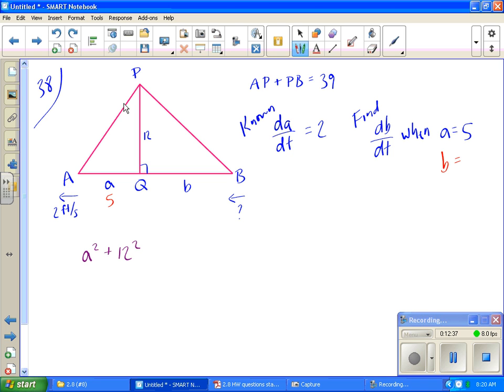And so this length is the square root of that, isn't it? And this one over here would be what? The square root of b squared plus 12 squared. And what do these two add up to? 39. So that's what we're going to do here. The square root of this plus the square root of b squared plus 12 squared, you can write that as 144 if you want, is equal to 39.